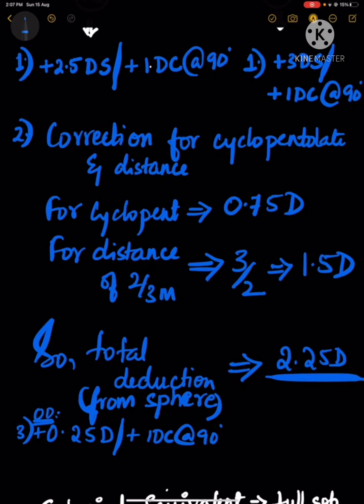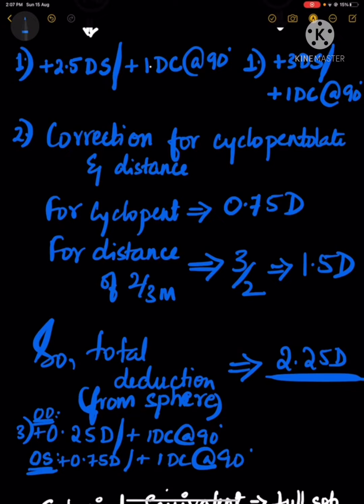OS is oculus sinister. 2.25 needs to be removed. So that will be 0.75 D, plus 1 and 90 degree. As you observe, the deduction is only from the sphere.